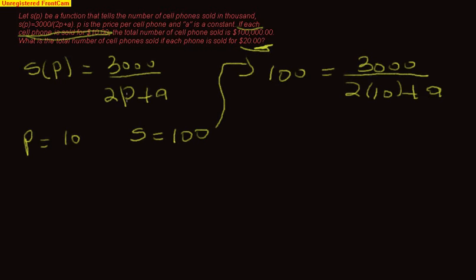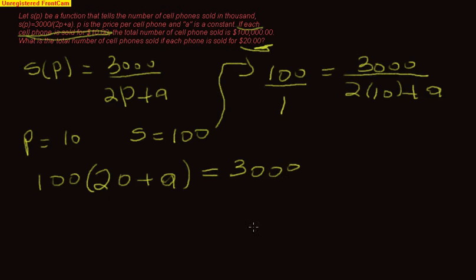Alright, so let's get into this now. We need to do some arithmetic. Let's go ahead real quick with cross multiplication. Never use this in your math class, your professors will hate you. So we're going to have 2 times 10 is 20 plus A, that's the denominator, times 100, and that's equal to 3,000.